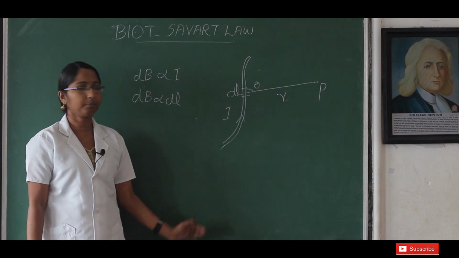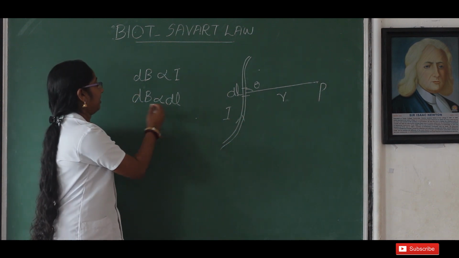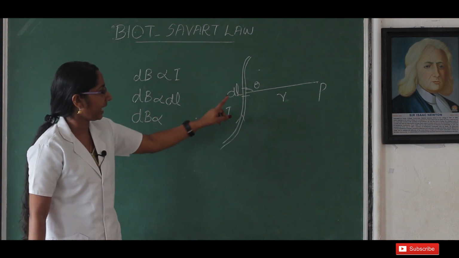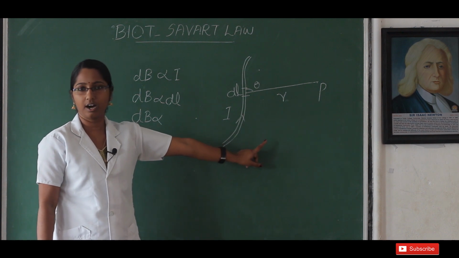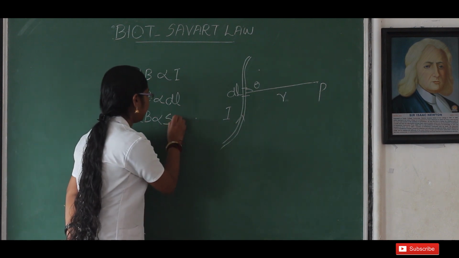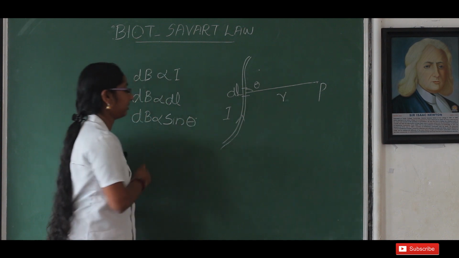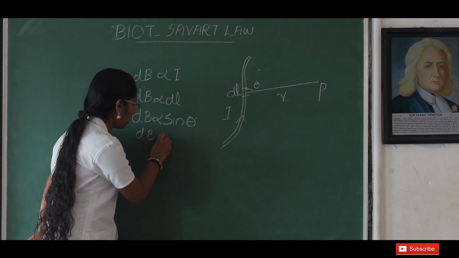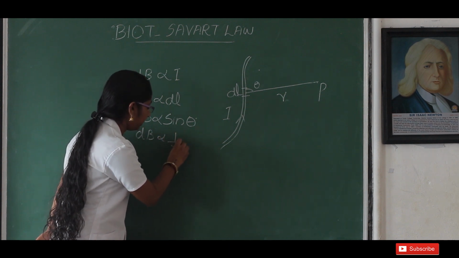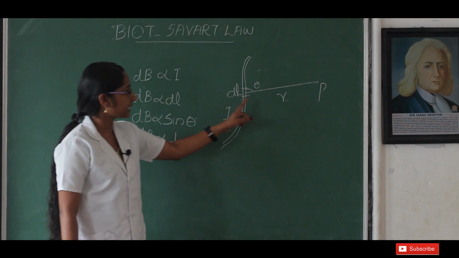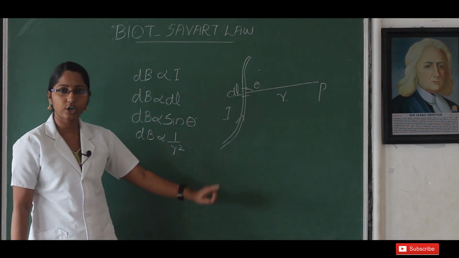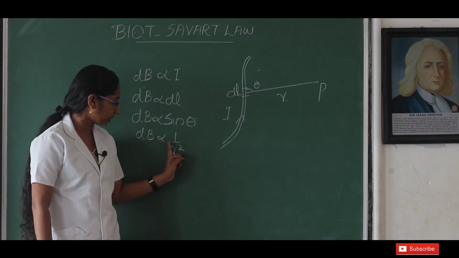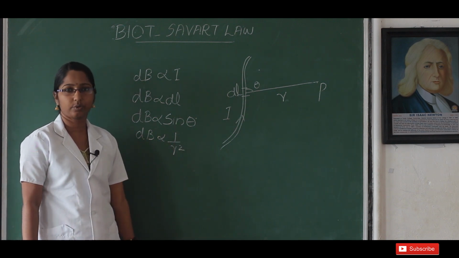Then it is directly proportional to sine theta, and this dB is inversely proportional to square of the distance between them. And we know the distance is r, then square of the distance means it is r square. So, dB proportional to 1 by r square.